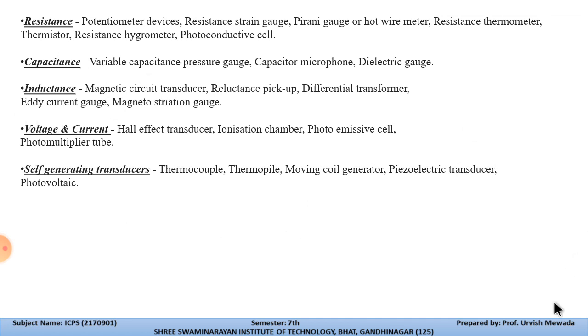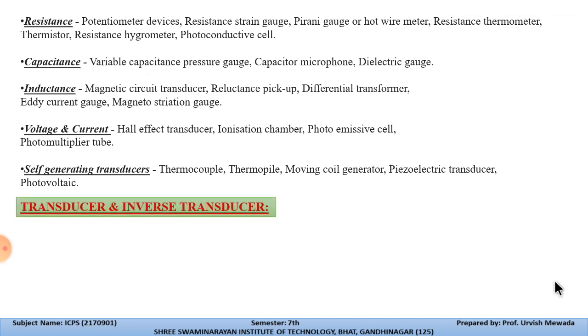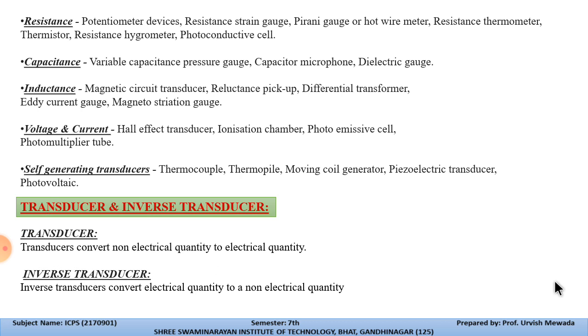Now the last classification of the transducer is transducer and inverse transducer. Basically a transducer converts a physical quantity into an electrical quantity, and an inverse transducer converts an electrical quantity into a non-electrical quantity. This is called a vice versa transducer. One example is the piezoelectric crystal.